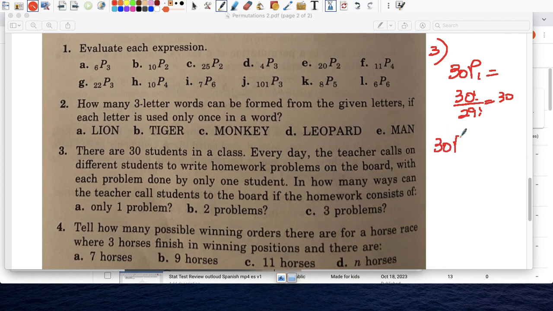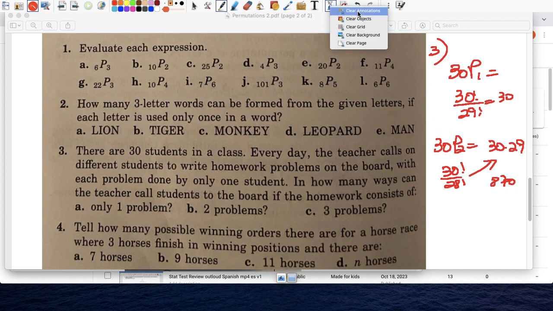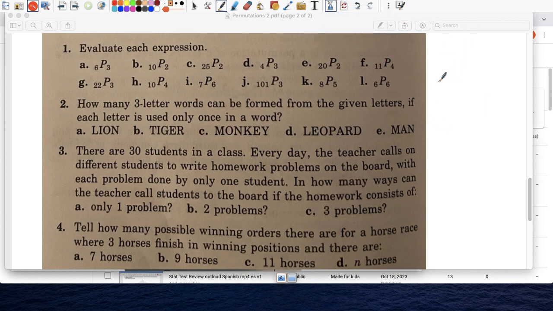30 students taken 2 at a time. Now, we can just do 30 times 29, but I still want to show you, so you can get used to it. So it's 30 factorial over 28 factorial, and that ends up being 30 times 29, so there's 870 arrangements that can happen. If there are 3 problems, I have to call 3 people.